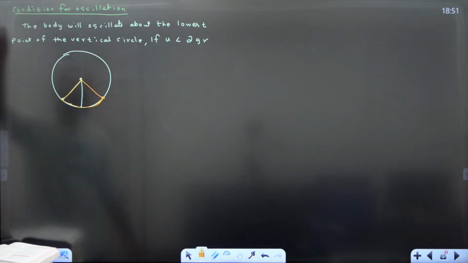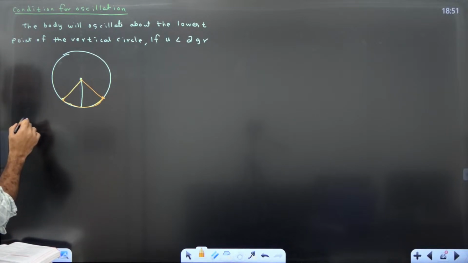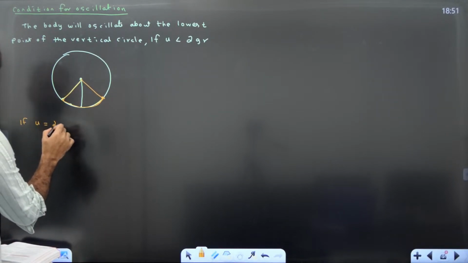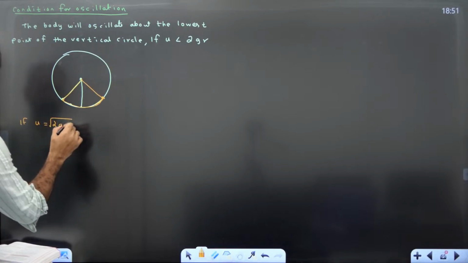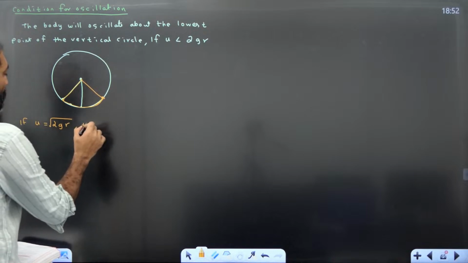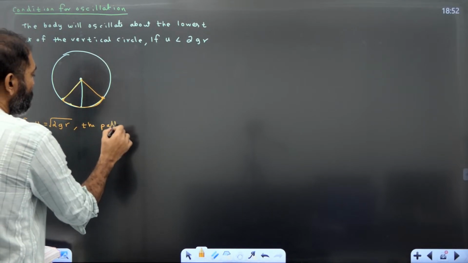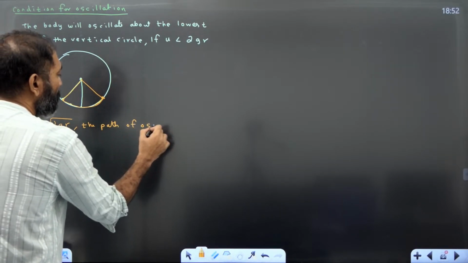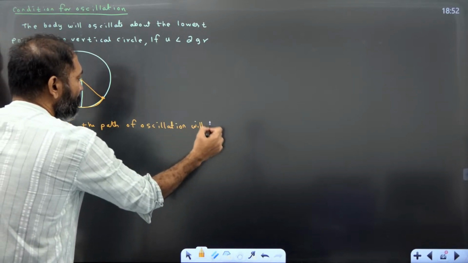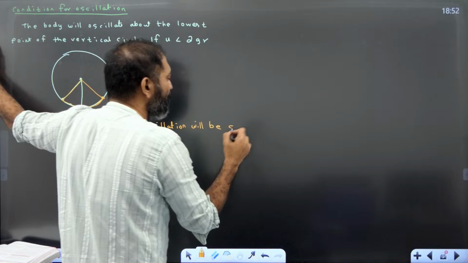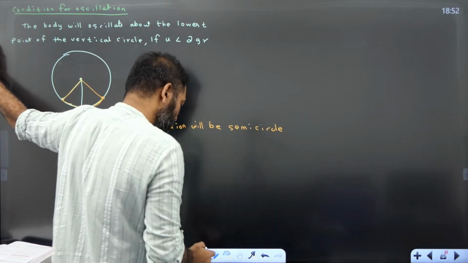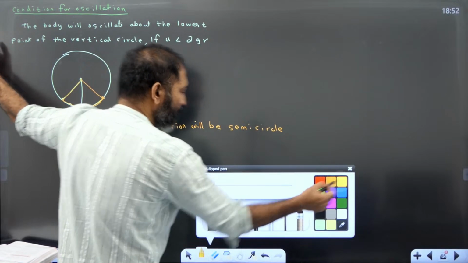If u is equal to root 2gr, the path of oscillation will be semicircle.